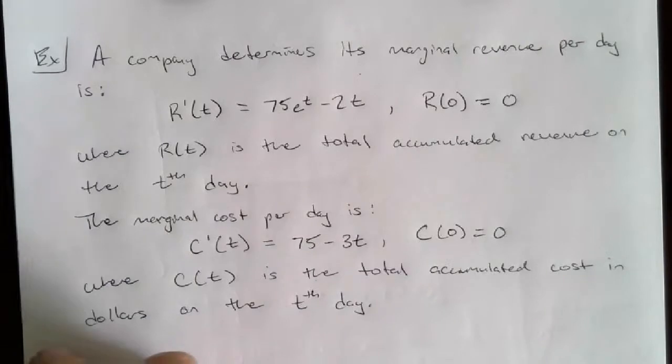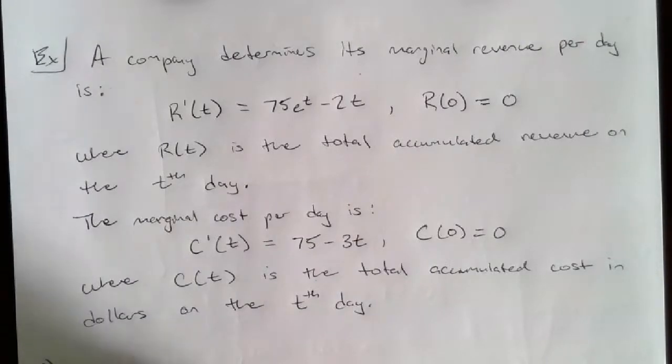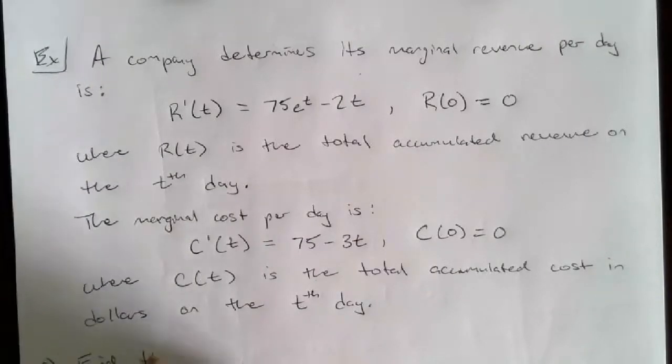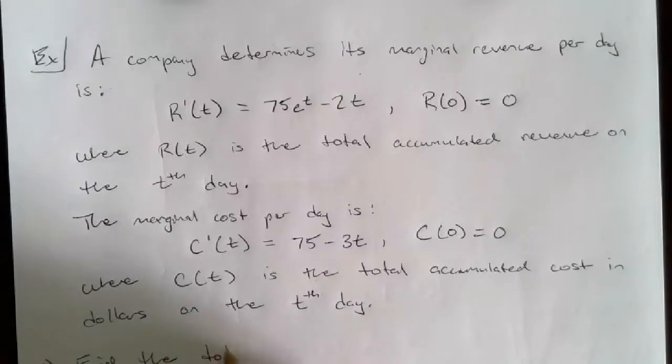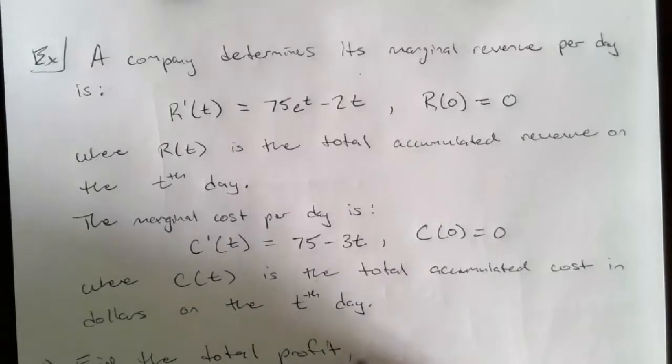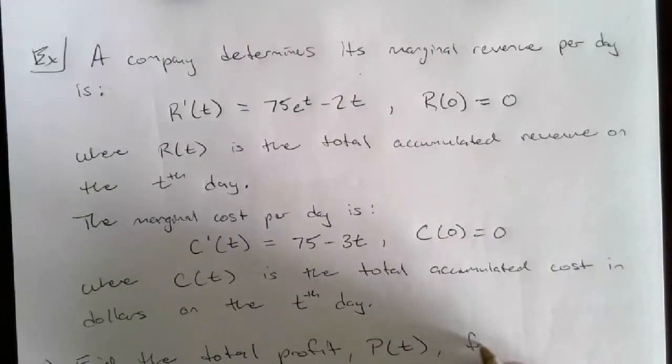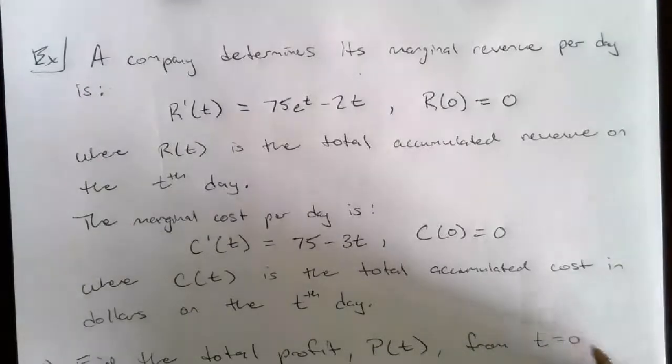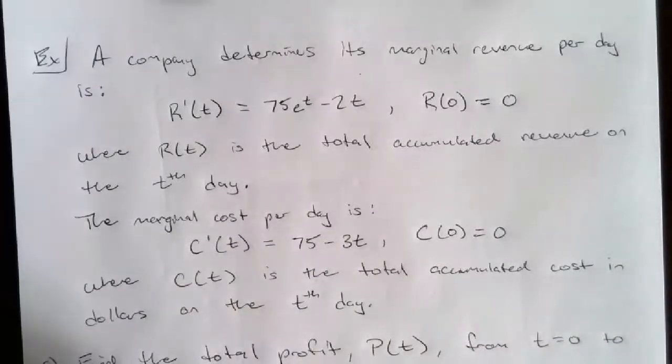And the first part of this will say find the total profit P of t from t equals 0 to t equals 10.